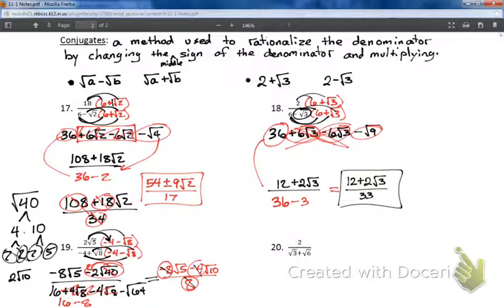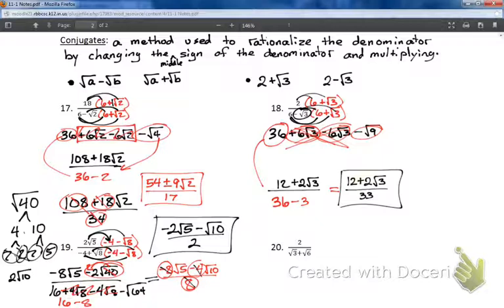So I can simplify this down one more step into a final answer of negative 4 root 5 minus 1 root 10 all over, wait, what am I dividing these all by? I'm dividing all these by 4, aren't I? If I'm dividing all these by 4, this shouldn't be a negative 4. It should be a negative 2. And then 8 divided by 4 is 2. So negative 2 root 5 minus 10 root 2 for number 19.